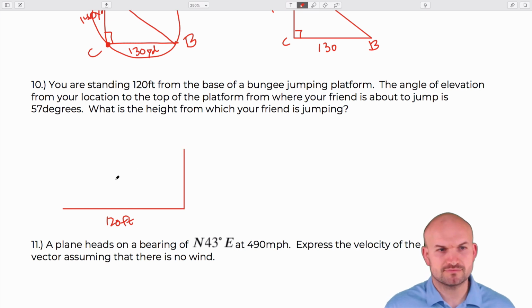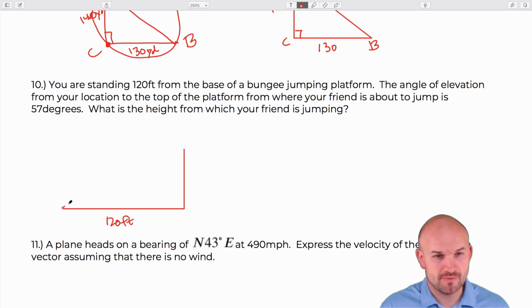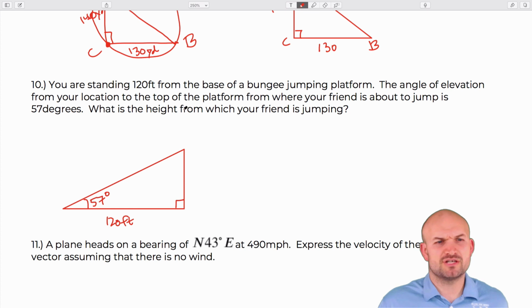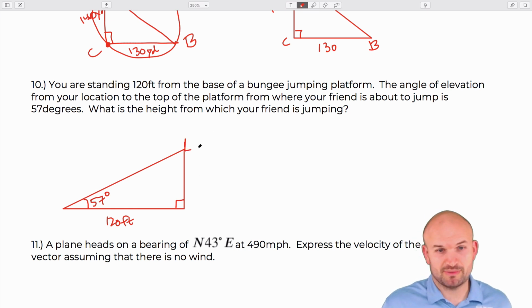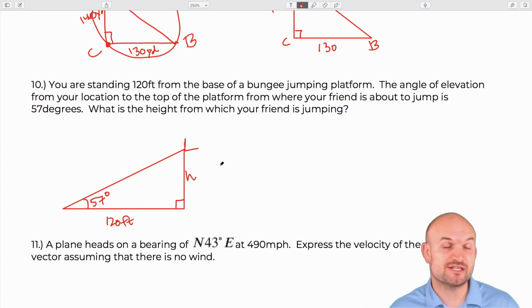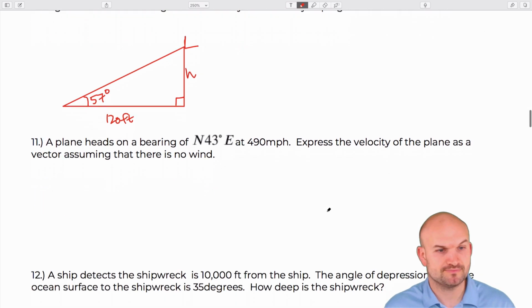The angle of elevation to the top of the platform is 57 degrees. We can assume that's going to be a right angle. I'm assuming here's the platform, so that's going to be our h. We'll just use right triangle trigonometry to solve this one.